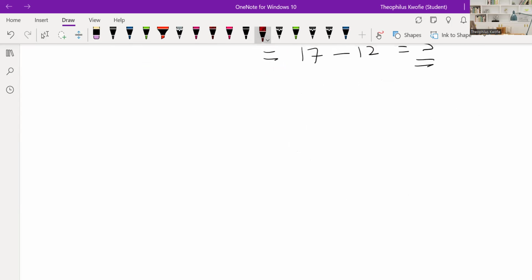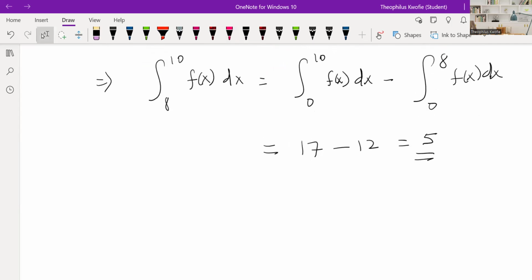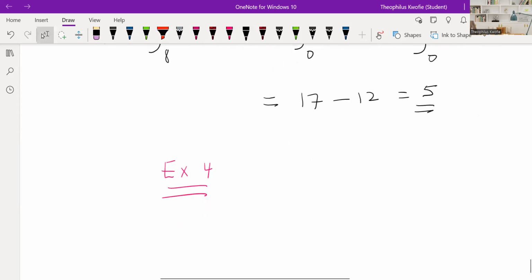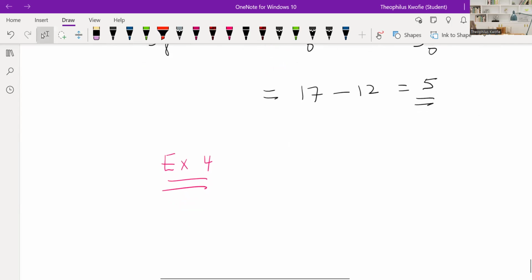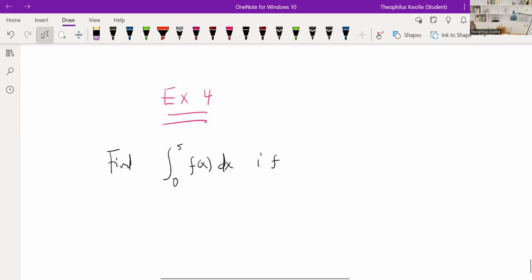And there's also another interesting problem. I think that almost every instructor would like to use that in their finals. So suppose I ask you to find the integral from 0 to 5 of f of x, if let's say my f of x is defined this way, how do you find this problem?